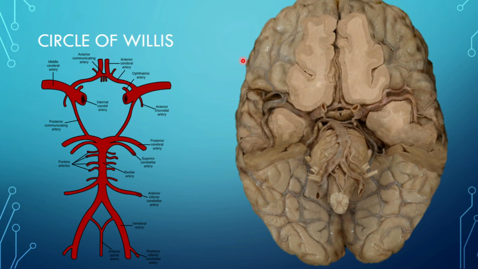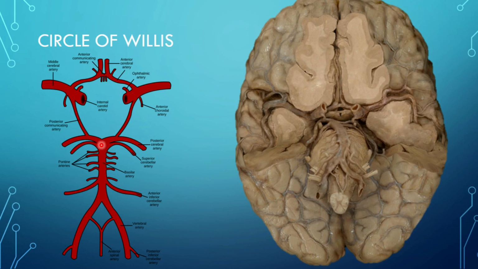So let's look at that in a little bit more detail here. So here are the cut ends of the internal carotid artery, and here are the vertebral arteries, 1, 2, converging to form the basilar artery here.